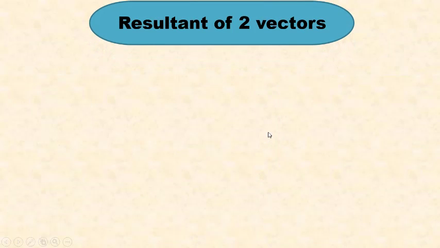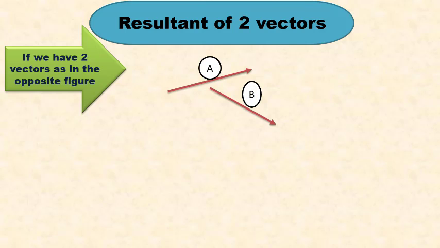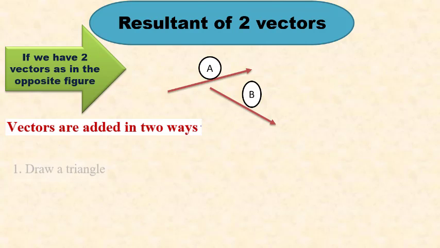Resultant of two vectors. If we have two vectors like in this figure, vector A and vector B, to get the resultant or add these vectors together, we have two ways. Number one, by drawing a triangle like that.